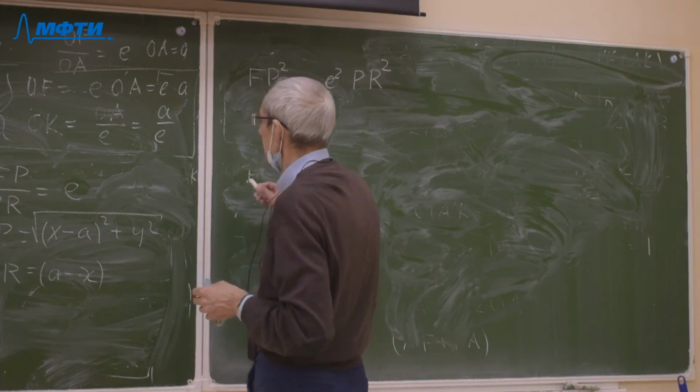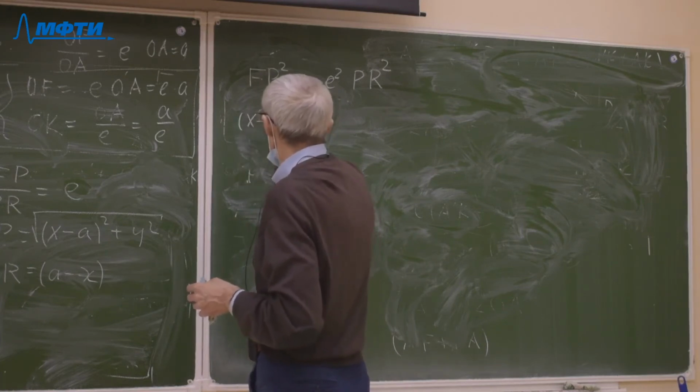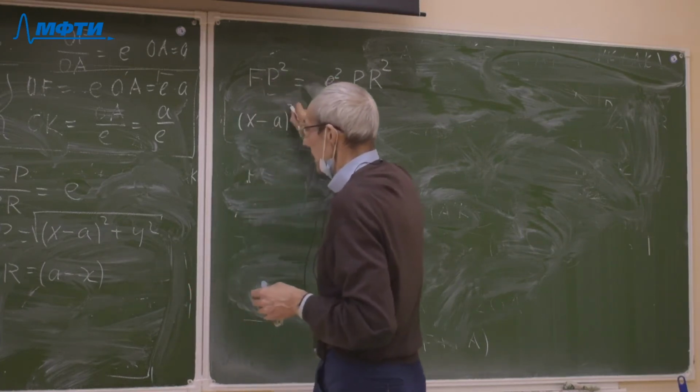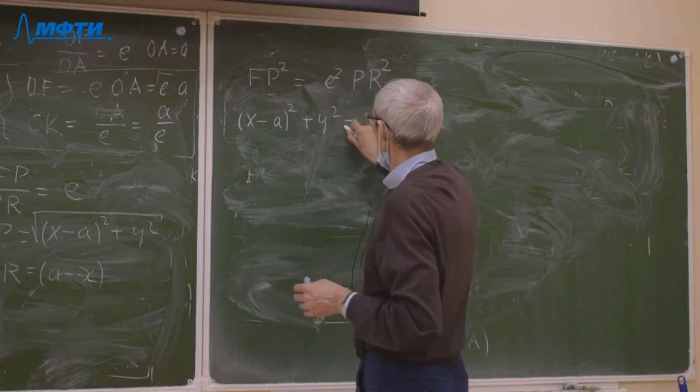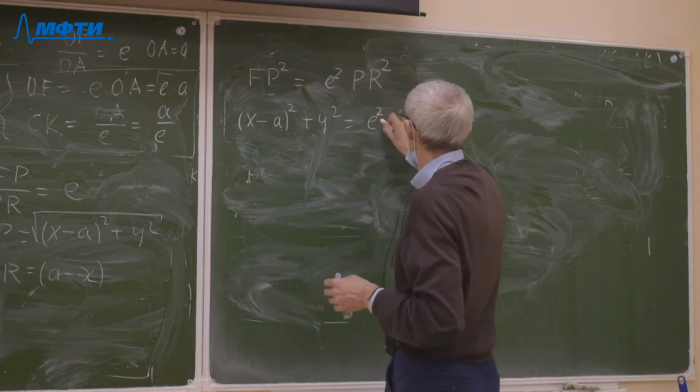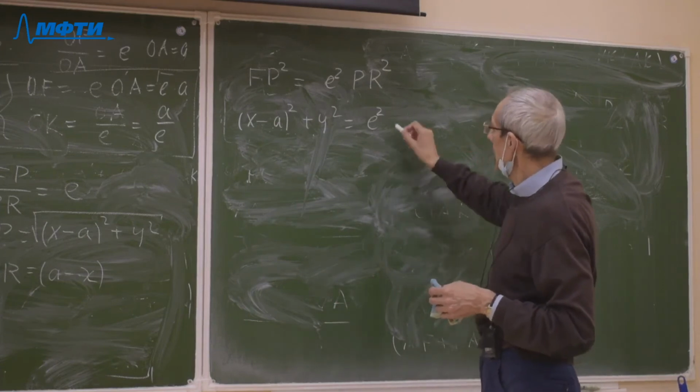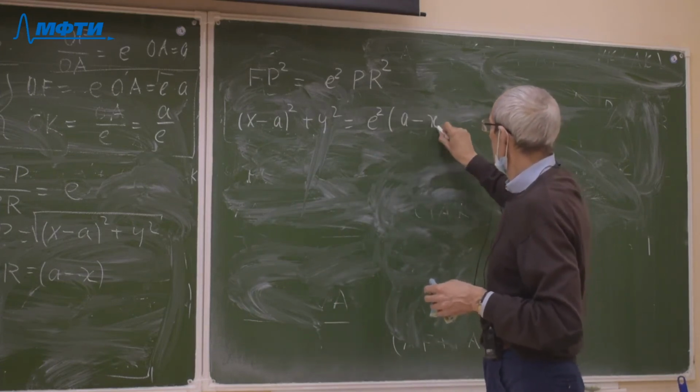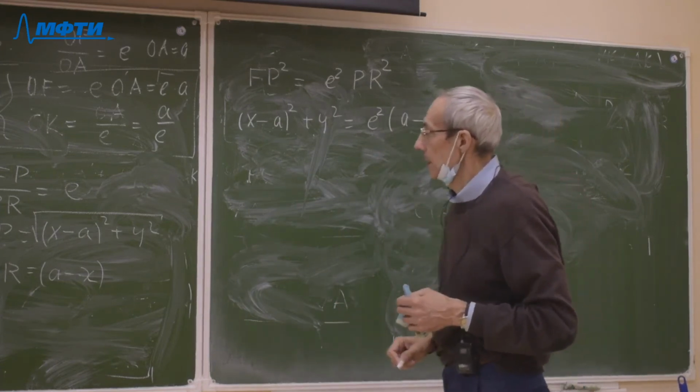FP square is equal to (x minus a) square plus y square, e square times (a minus x) square.